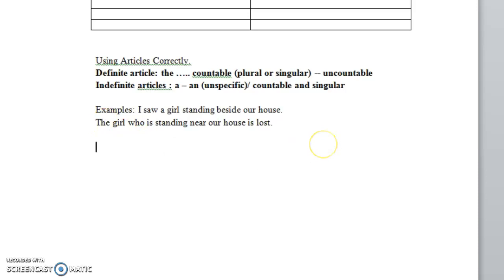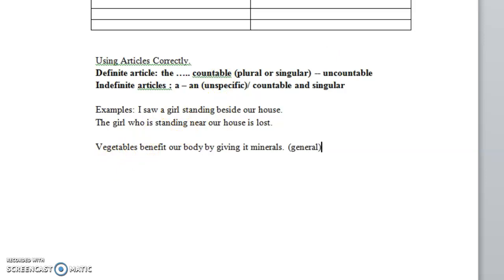Okay? Now, as for plural, vegetables benefit our body by giving it minerals. We don't use anything here. Vegetables is plural, so we cannot use a or an. And it's not specific. We are talking in general.